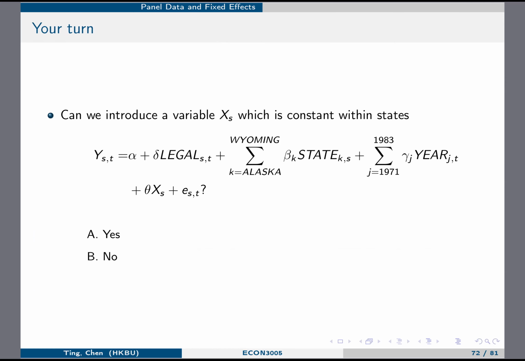Right, the answer is no, we cannot, because if we add an xx to that, this effect theta will be absorbed by the state dummy, right? Because for each of the states, this xx will be the same. So it will be absorbed by the dummy variable.